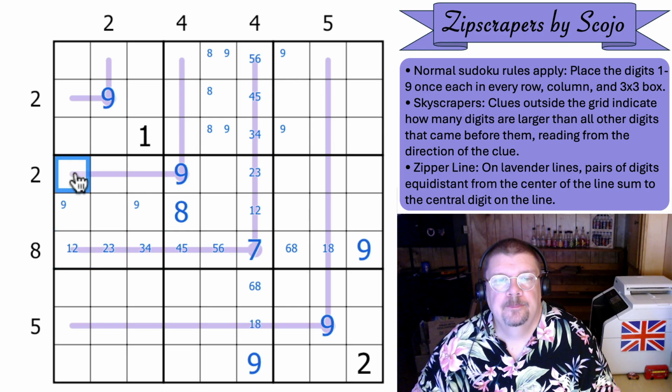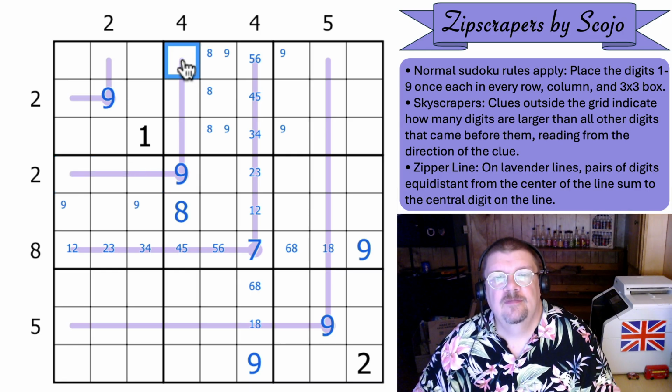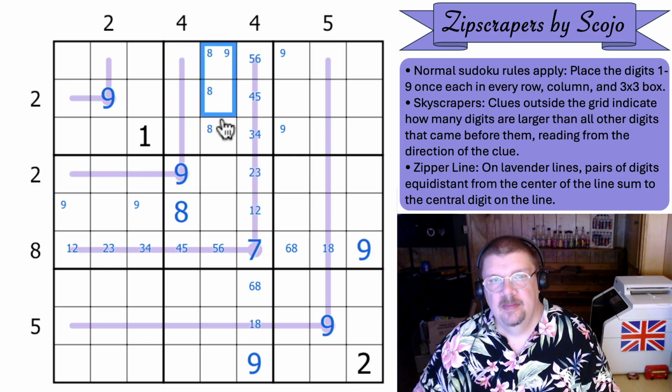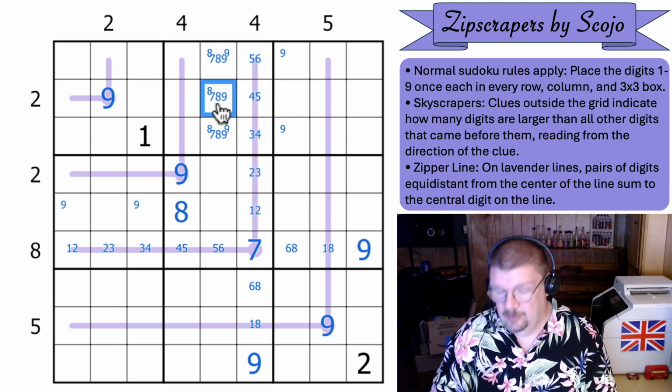All right. So if 2 is definitely on here, 2 is definitely not on here, and therefore 7 is definitely not on there. This is a 7, 8, 9 triple. And that one's not a 9.